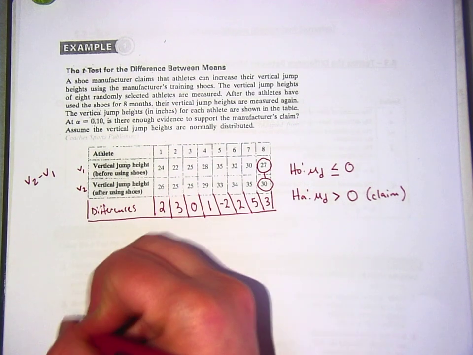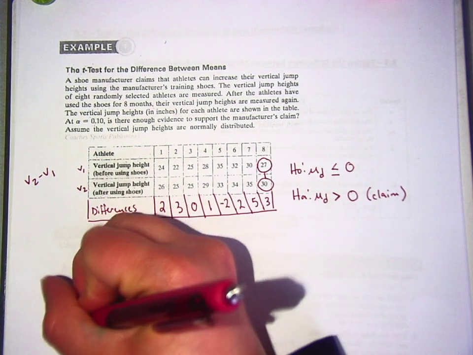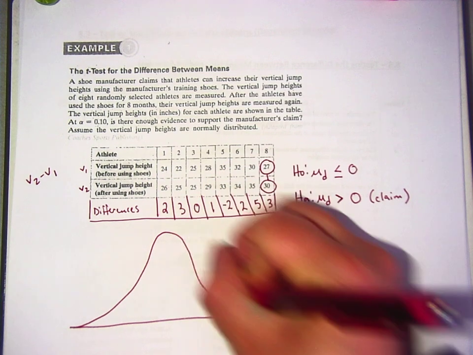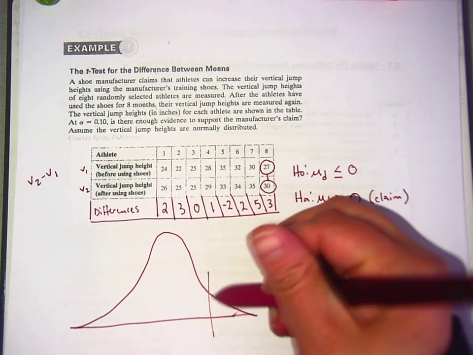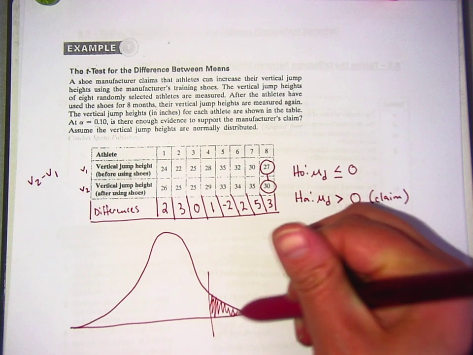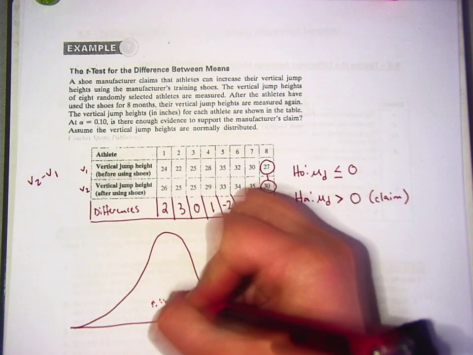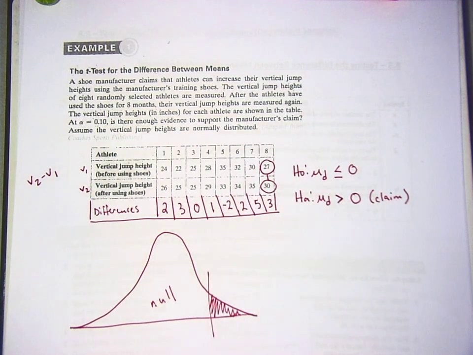Okay, it's a normal distribution. Let's draw a bell curve. This is a right-tailed test. The book likes to do this. I'm going to show you guys. Everybody look up.